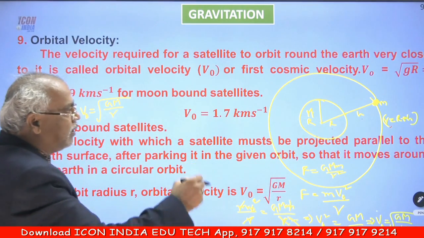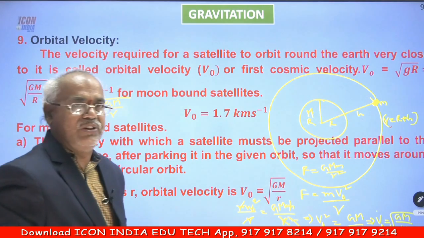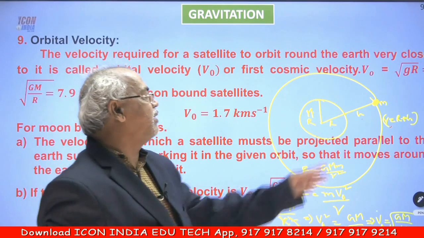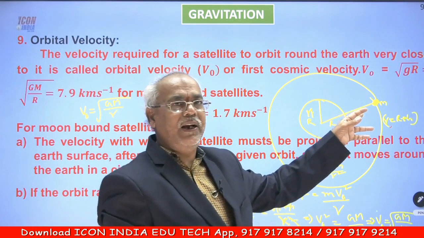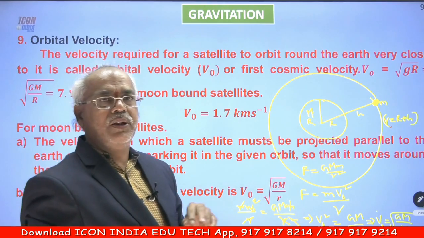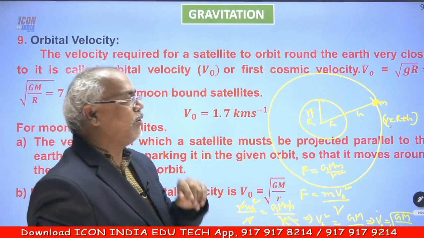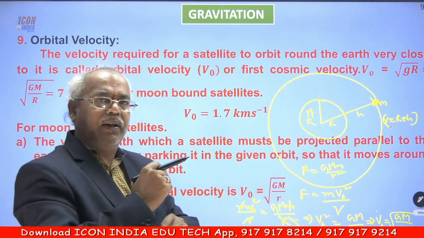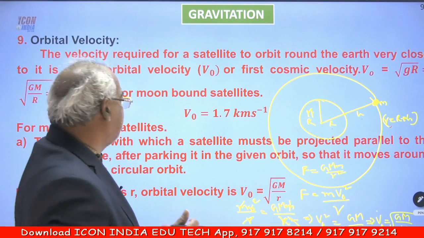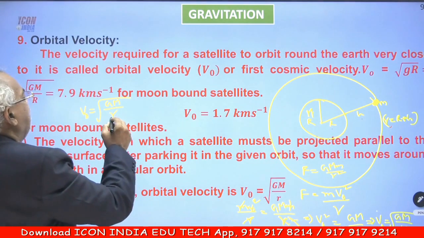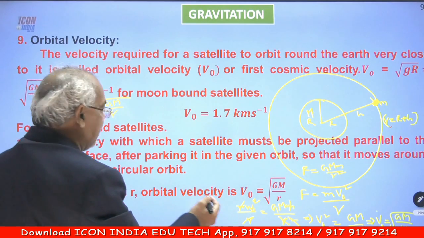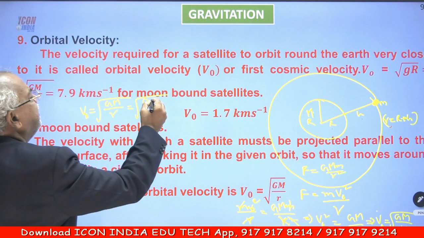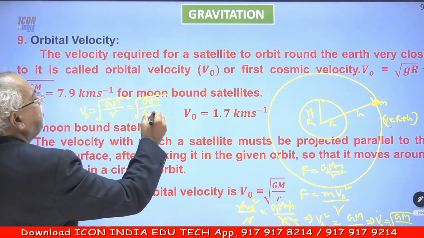Small r is nothing but capital R plus h. That means the satellite is revolving around the earth at a certain height h from the surface of earth. Suppose h is 0, that means the satellite is revolving around the earth on its surface. So it is root of GM by R plus h.